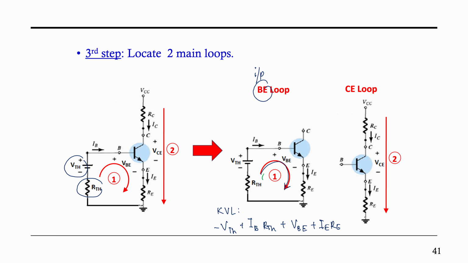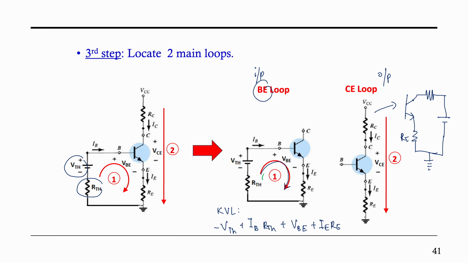And how about the KVL at your output loop? I think it's simple, same as previous. If it is very hard for you to solve like this, we can always redraw. Don't be lazy, you can always redraw your circuit. This is your VCC, this is your RE, and this goes to ground.